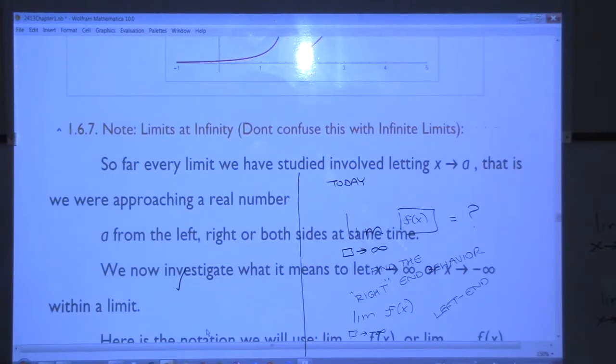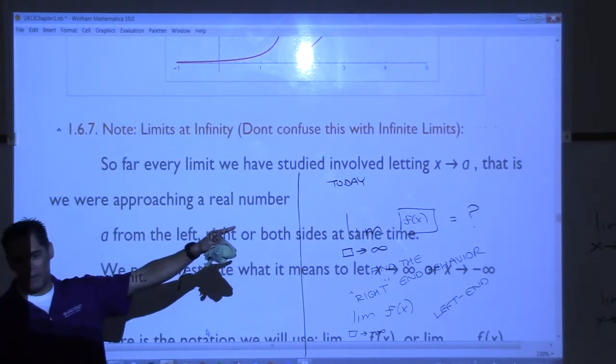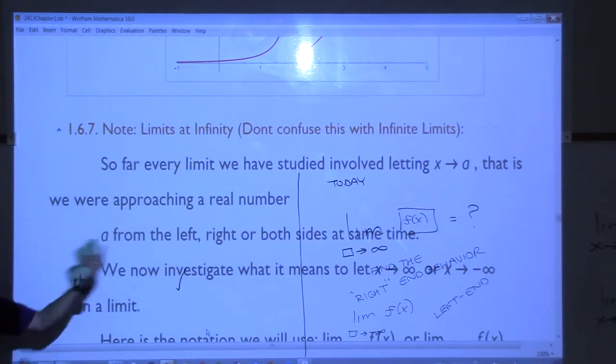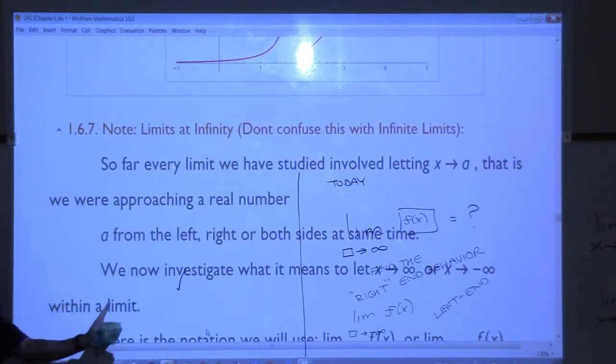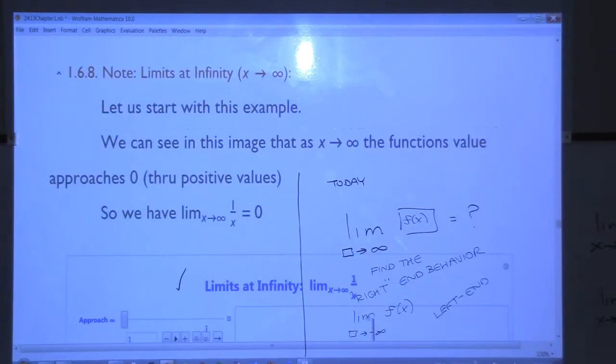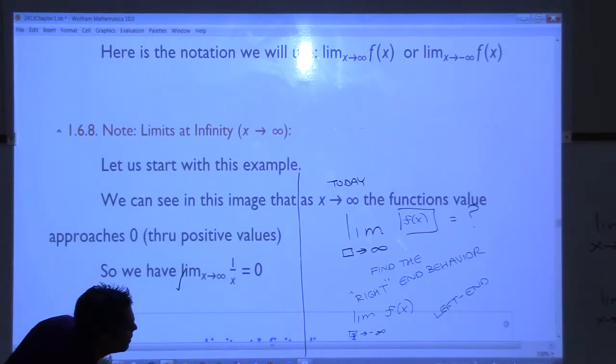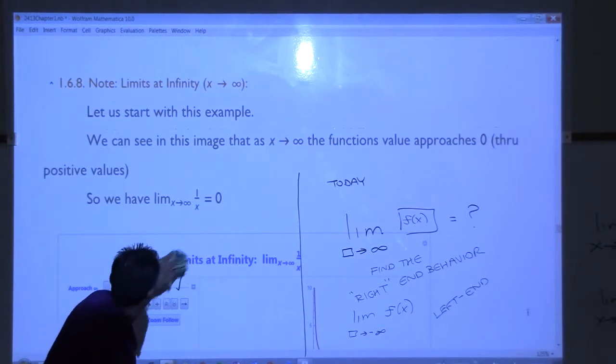Here we're doing limits at infinity, meaning we are headed to infinity, either left or right. Those are two different types of limits. All right, so let's see. We're going to take a couple of examples. Let me make this not so big.